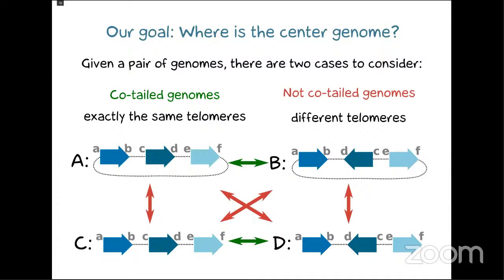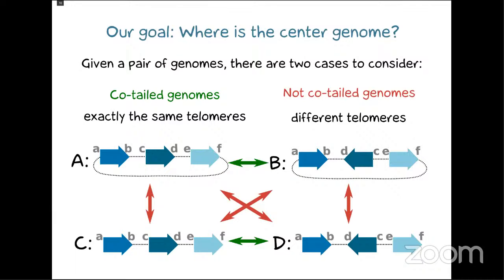C and D are also cotailed because they have the free ends A and F. Now, I don't know how many chromosomes they have or what the chromosomes are, but I do know that the free ends are A and F. Well, looking at it this way, I know they have 1 linear chromosome each because only linear chromosomes yield free ends, and each linear chromosome yields 2 free ends. So here we have 1 linear chromosome in C and 1 linear chromosome in D. But I don't know how many circular chromosomes they have, unless, of course, I draw the picture.